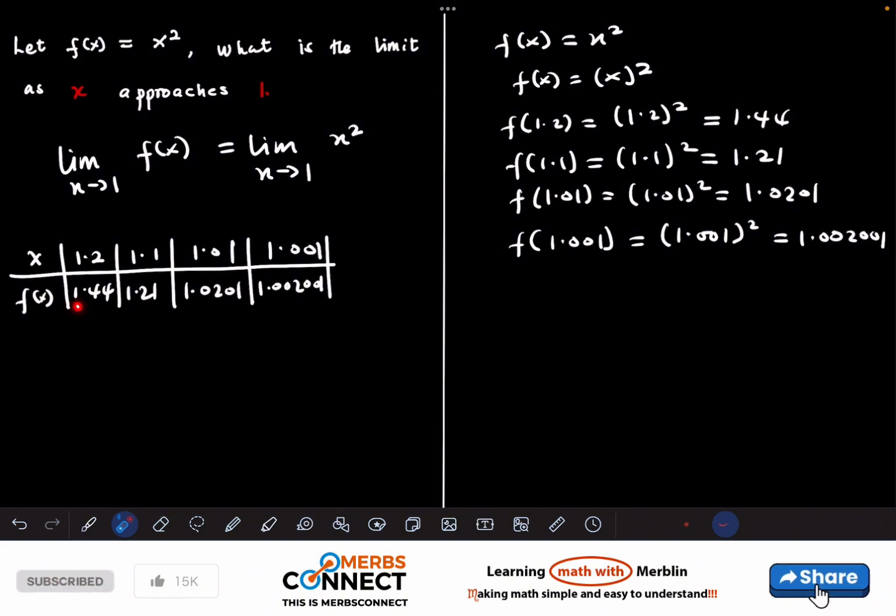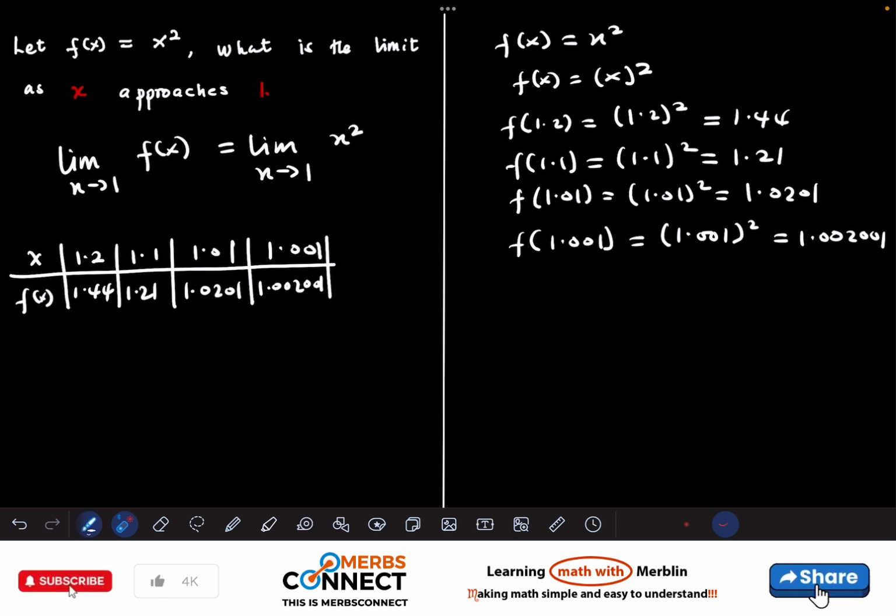Let's look at this one. It starts at 1.44, and as we move along you can see that it is approximately equal to 1. When we are getting close to 1, it's approximately 1. We can look at a point like 1.000001, and it gives something like 1.000002001, so approximately we are getting close to 1.